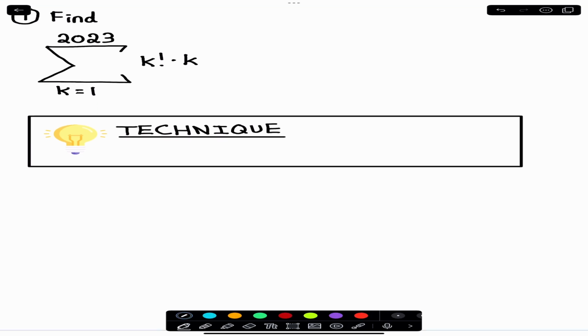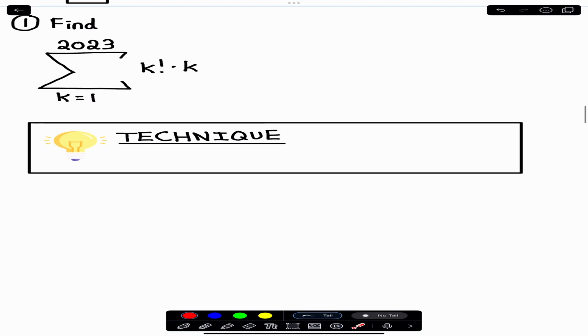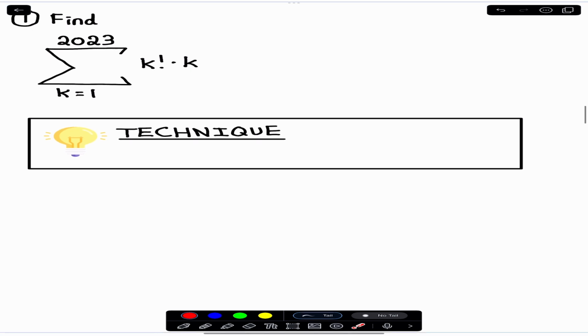Our first problem asks us to find the sum of k factorial times k, where we are summing the k's from 1 all the way up to 2023. For each of the problems we're going to do today, I have put this little box over here that says technique.